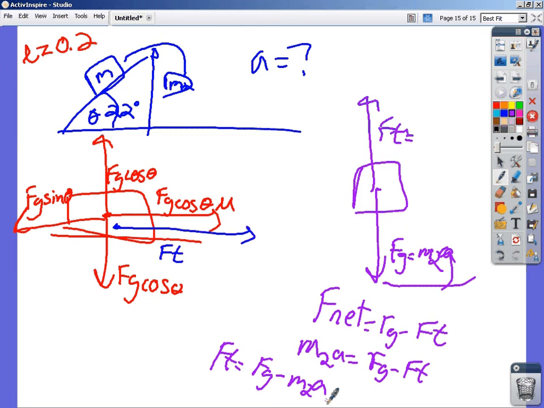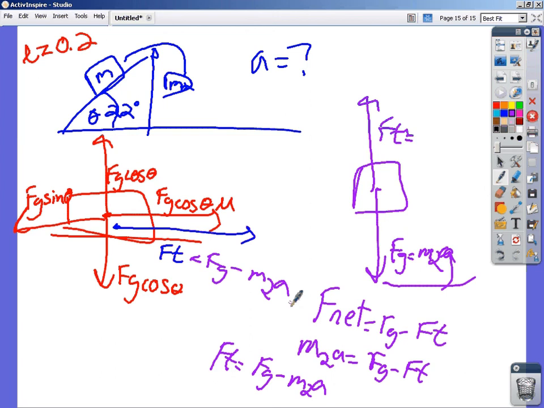So if we're just doing it for the first block, it would be M1A has to equal, let's do right as positive, M1G cosine theta mu plus the tension force, which was M2G minus M2A.